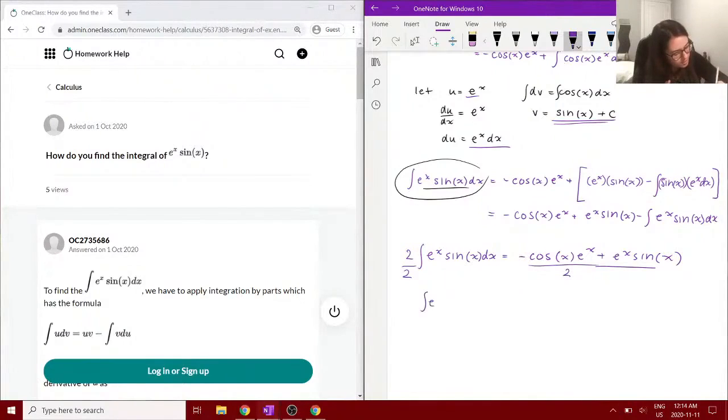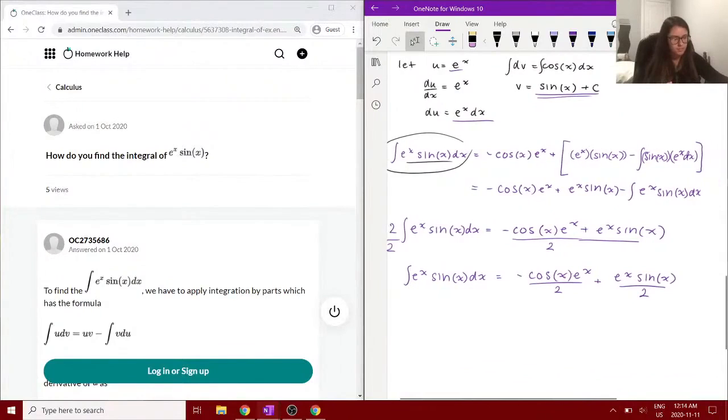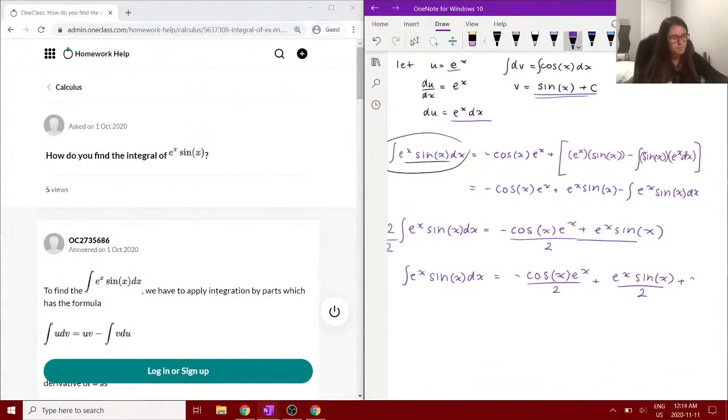So we get that the integral of e to the x sine x dx is equal to minus cos x e to the x divided by 2 plus e to the x sine x divided by 2. Okay, and we can't forget our plus c from before.